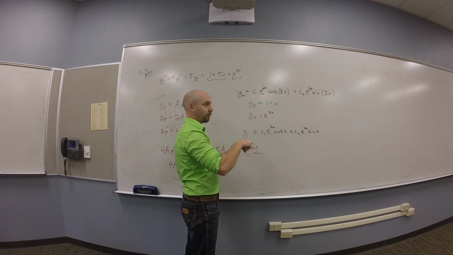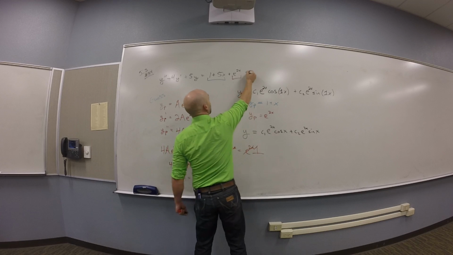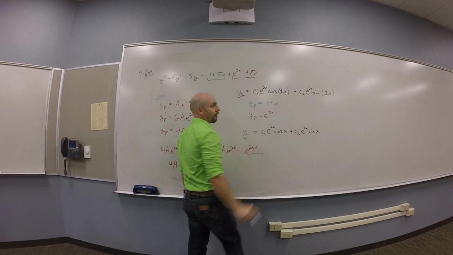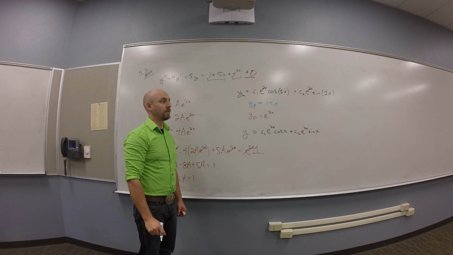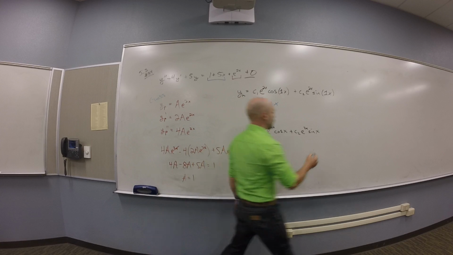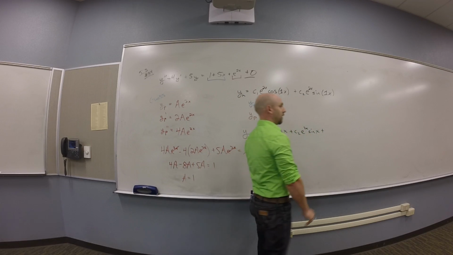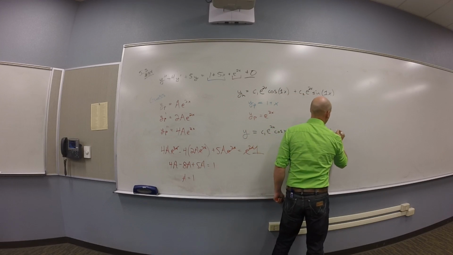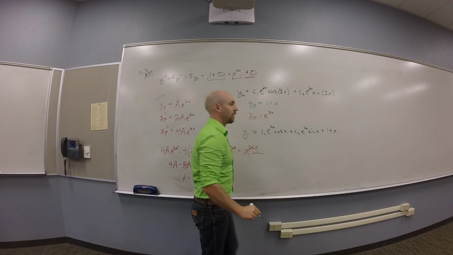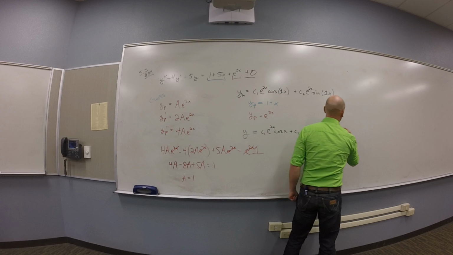So that's the homogeneous part. That's really from the fact that there's a plus 0 up here, right? You guys all with me on that? And then to that, I need to add the teal part, 1 plus x. And then add the red part, e to the 2x.